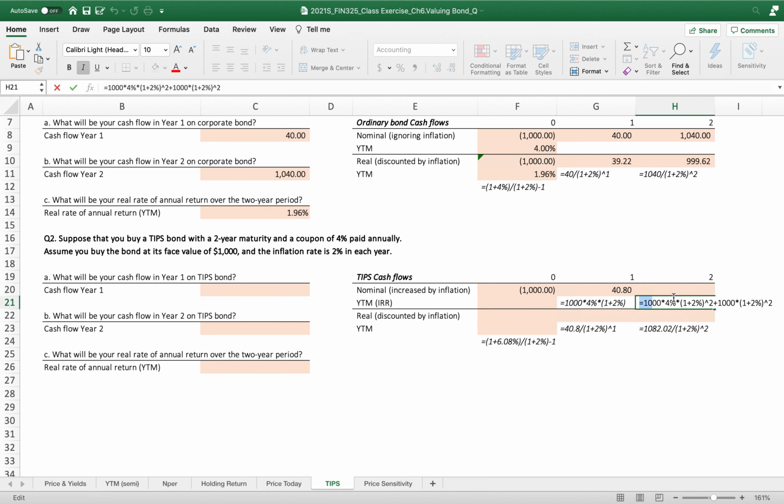Then how much is that? Okay, here, $1,000 times 4%, we got 40. And then we can use the same formula, but anyway, here 1,040 times 1 plus 2% to the power of 2, like this.